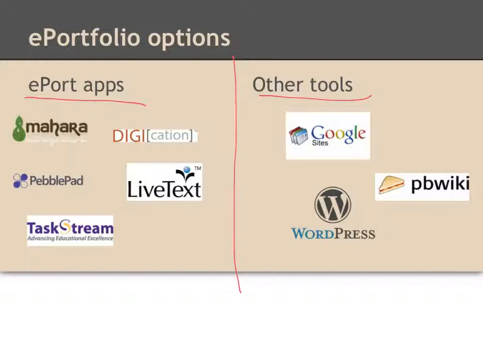In terms of ePortfolio systems that are actually in use around SUNY or under consideration, Stony Brook has, for example, done a lot of work in developing ePortfolios using Digication.